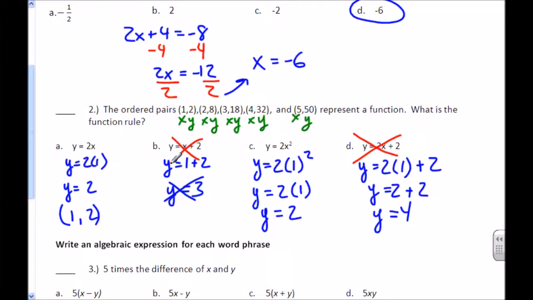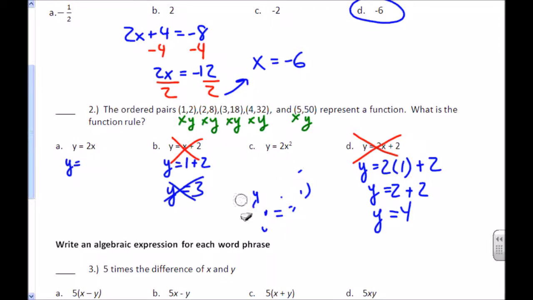Since A and C both worked, I'm going to plug in the next point. I'm going to plug in a 2 instead. When I plug a 2 in for x, I should end up with an 8 for y. So I'm going to see which one of these gives me the 8. If I plug it into the first one, that gives me 2 times 2, which is a 4.